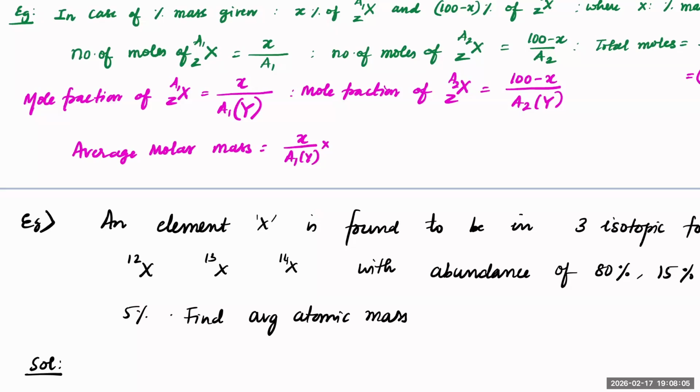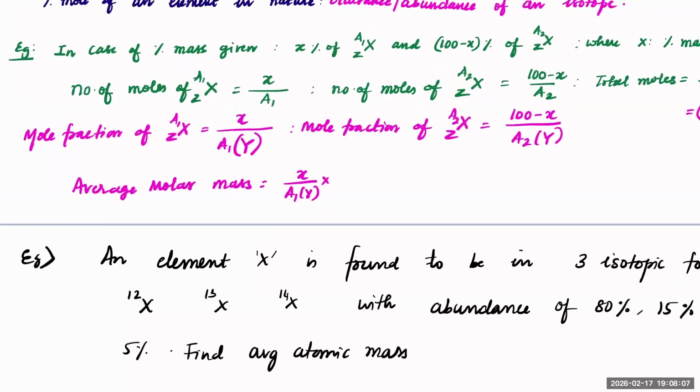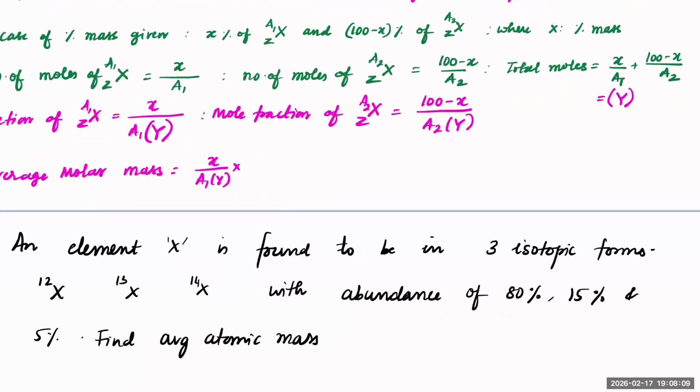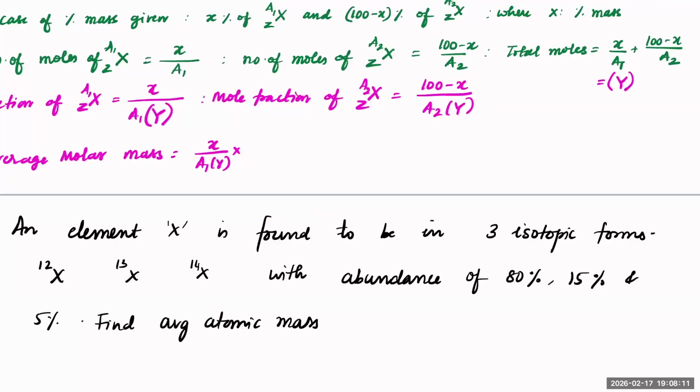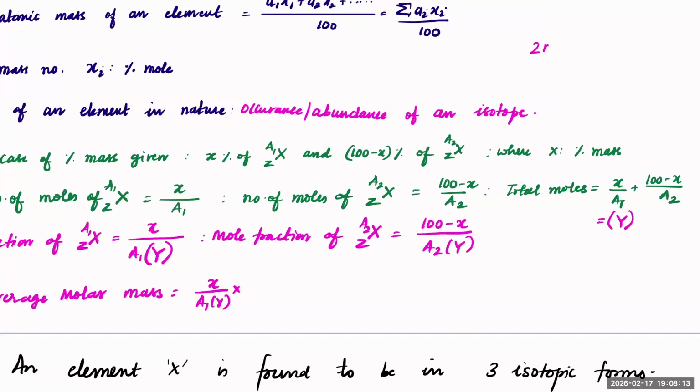For example, if I have 2 moles of carbon and I have to write the mass of that carbon, what do I do? 2 moles into the mass of carbon, 12 grams per mole, correct? So what you are writing is the mass number only, isn't it? This is the mass number, right?